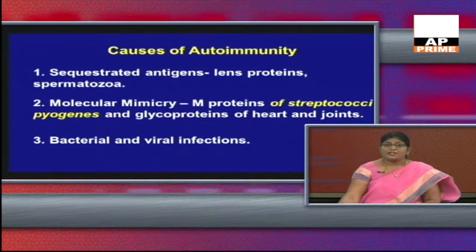For example, the M protein of Streptococcus pyogenes shares the same structure as the glycoproteins of heart and joints, and this leads to heart failure during rheumatic fever. And certain bacterial and viral infections are also responsible for autoimmune diseases.